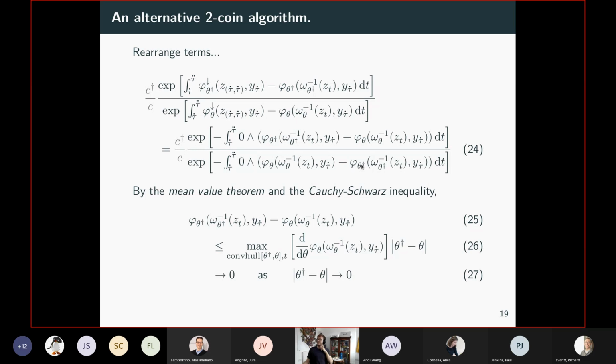So this is just the difference of the two path integrands for theta dagger and theta. And by the mean value theorem and Cauchy-Schwarz inequality, this is bounded above by the total derivative of the integrand, bounded on some convex hull including the parameter proposed in the parameter state, multiplied by the L1 norm of theta dagger minus theta.